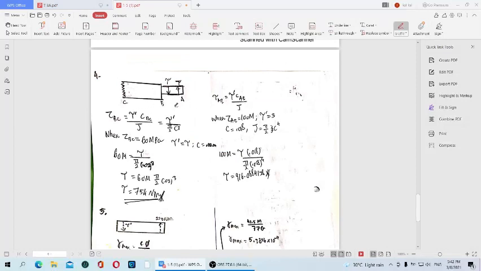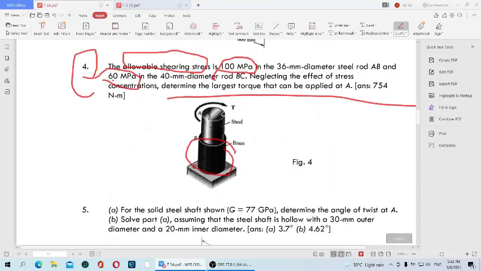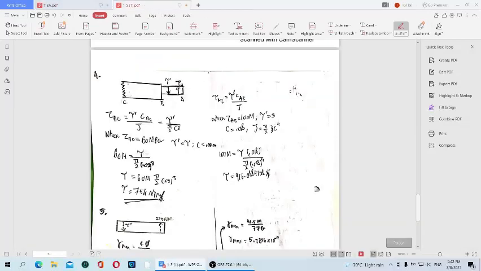You will have three points, A, B, and C. You will have one torque, since that has been stated in the question, only one torque exerted at point A. But since we are using the elastic torsion formula, the value of torque in here must respect the internal torque.